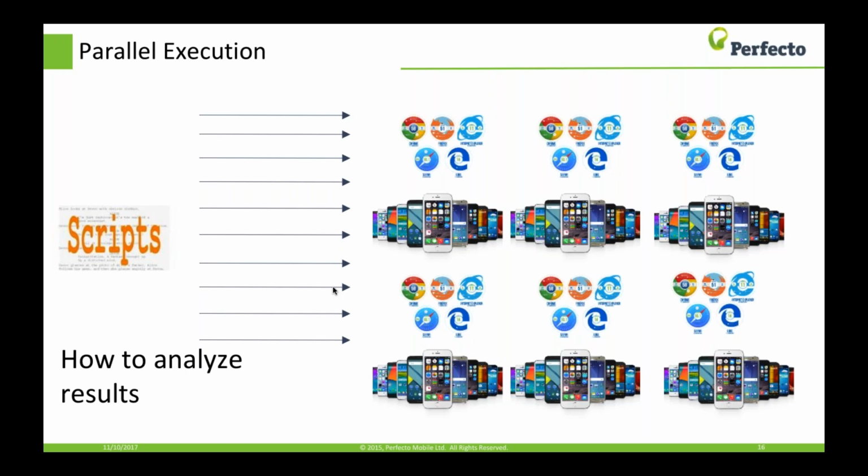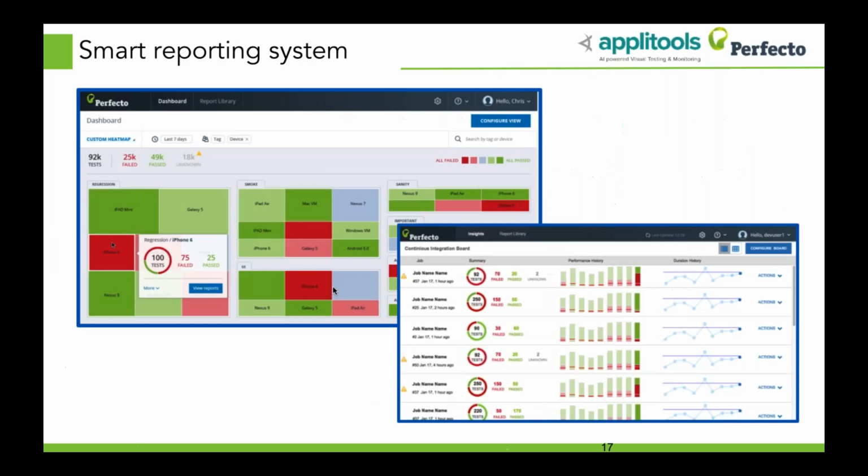So we have a lot of execution. We talked about it. We have a lot of devices. How do I analyze the report? And that's something very important. To have a very strong reporting environment, I will show Perfecto's reporting environment tools. It allows you to understand where the problems are.